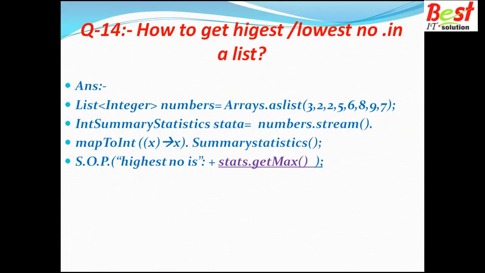Now we can get the statistics data from the stats object: stats.getMax() and stats.getMin() to get the maximum and minimum value. So the main thing is the IntSummaryStatistics.